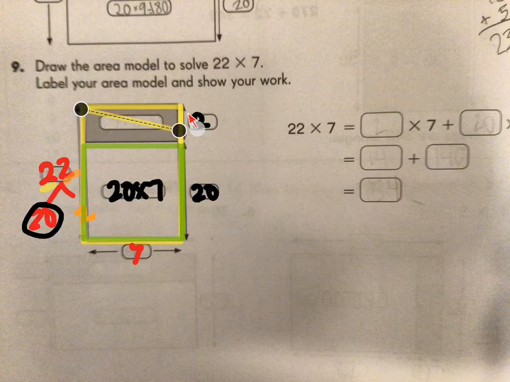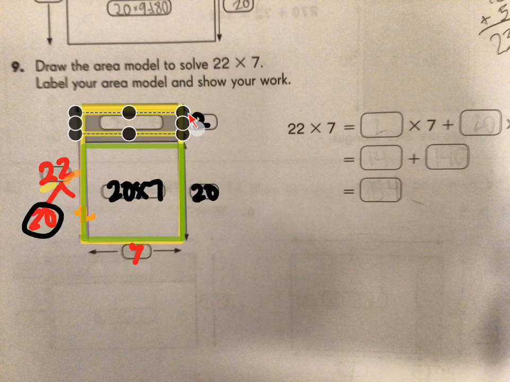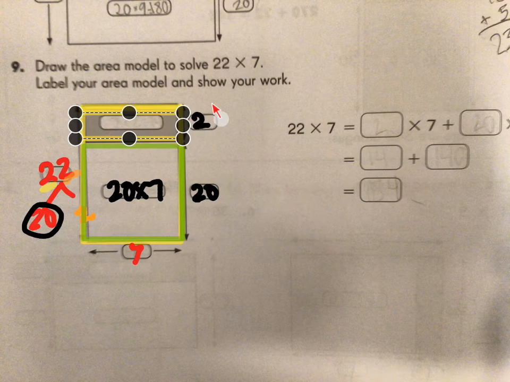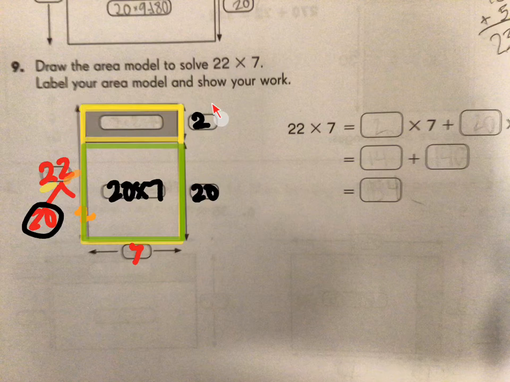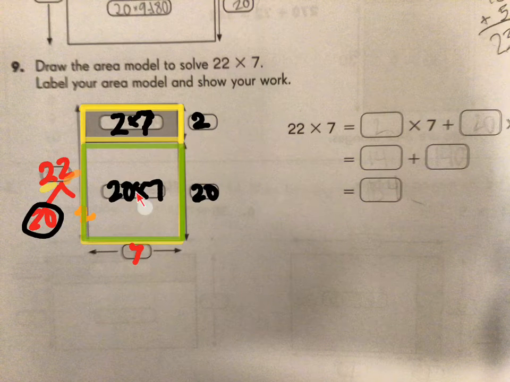If I look at my yellow rectangle, this area has a side length of 2 and still has this bottom length of 7, right? It's like I'm looking at that same side length. So I have 20 times 7 and 2 times 7.